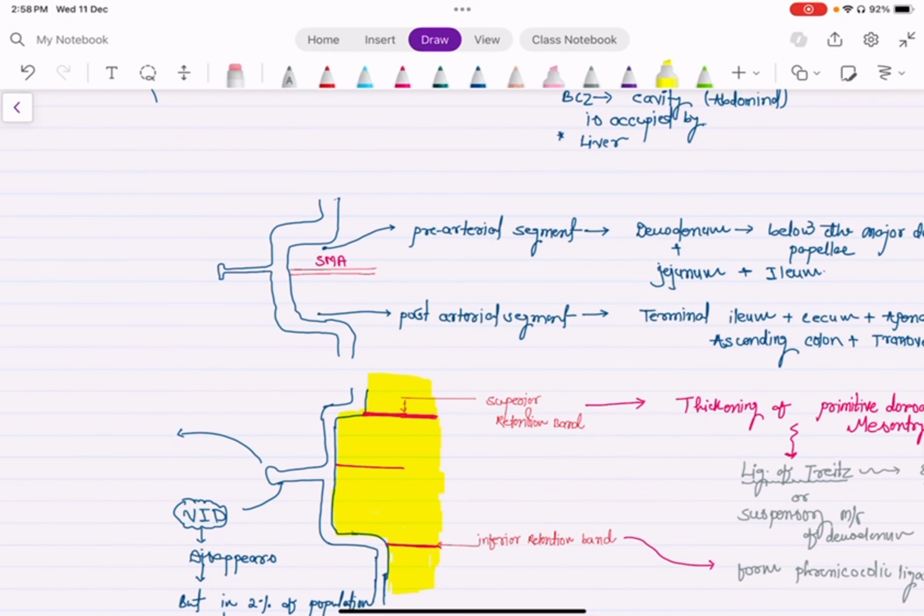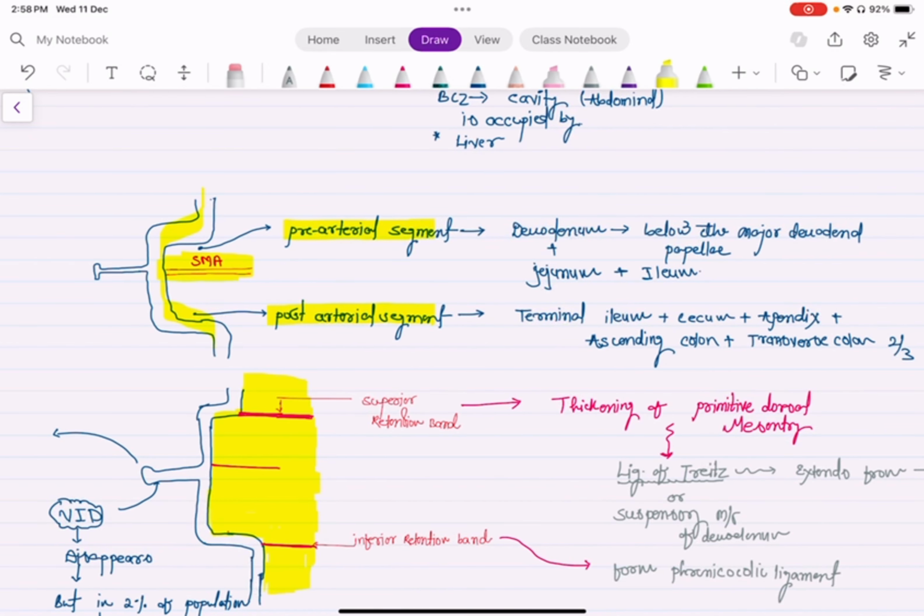Coming to the next. This is a midgut tube which has its blood supply from the dorsal aorta by an artery called the superior mesenteric artery. Now, the superior mesenteric artery divides the midgut into a pre-arterial segment and a post-arterial segment. The pre-arterial segment has parts like the duodenum below the major duodenal papilla, and the jejunum and ileum.